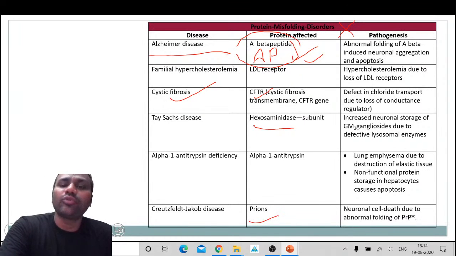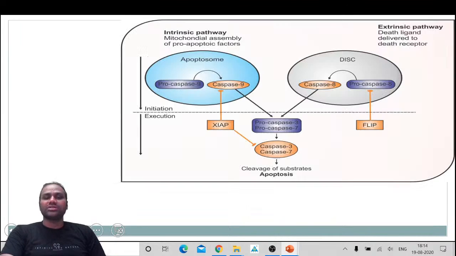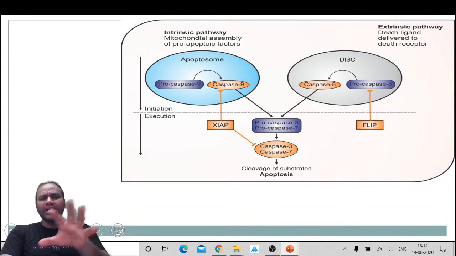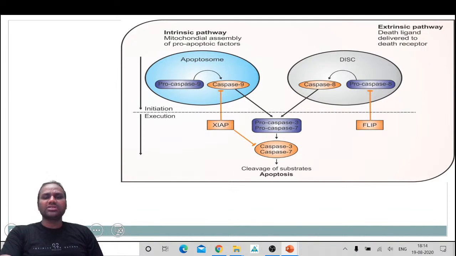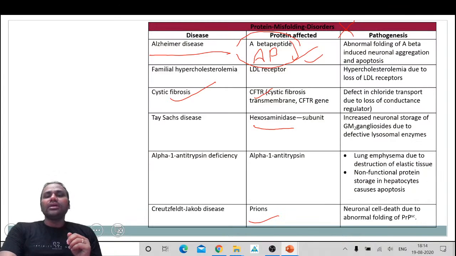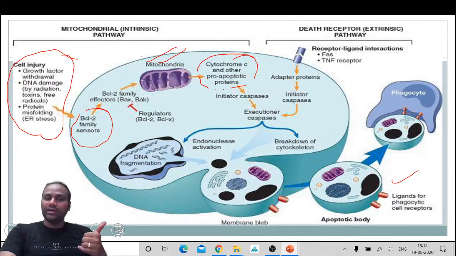So these are all protein misfolding disorders in which apoptosis occurs. This figure again sums up the intrinsic and extrinsic pathways we have already discussed. This ends our topic on apoptosis and necrosis. I hope you understood this topic very well.